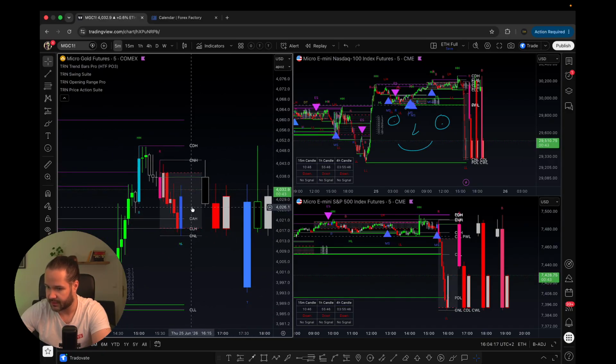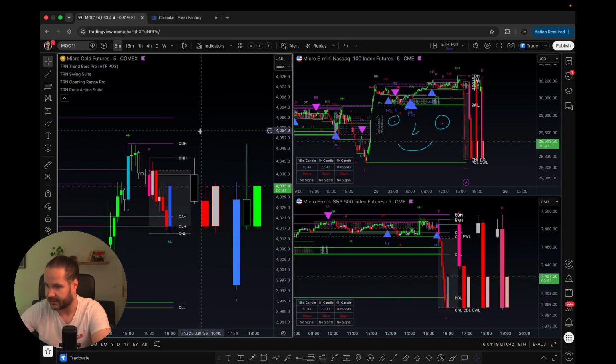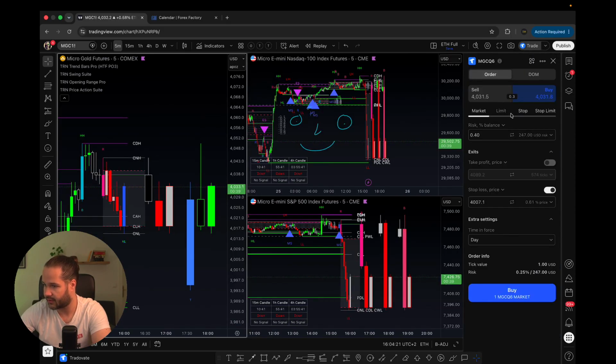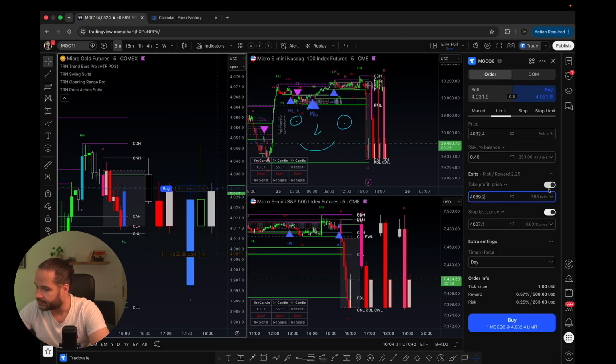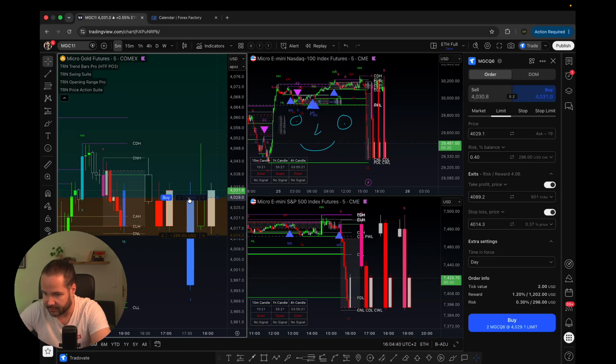Okay, let me prepare everything. Let's go. Limit order, 0.4%. That's what I talked about. $400 of a 100K account. So that's the stop loss here, a bit lower probably.